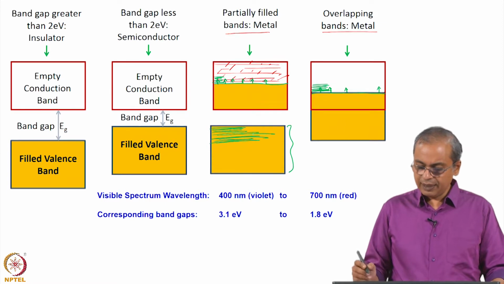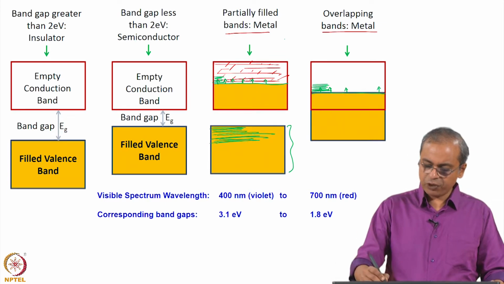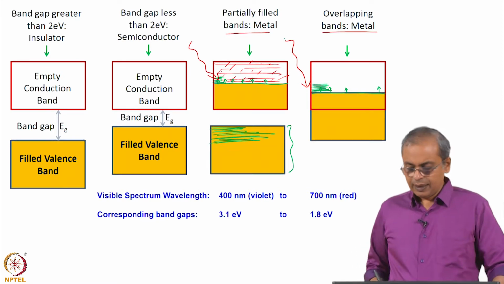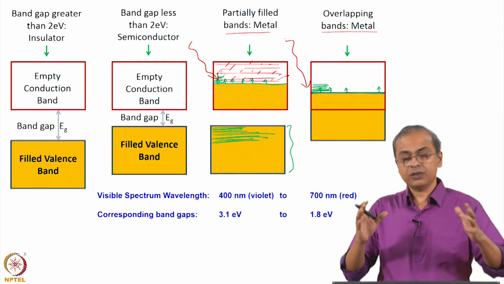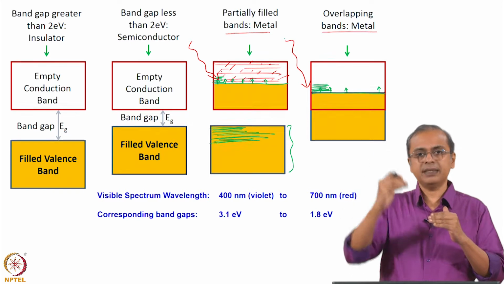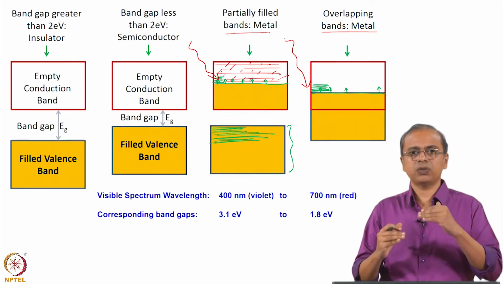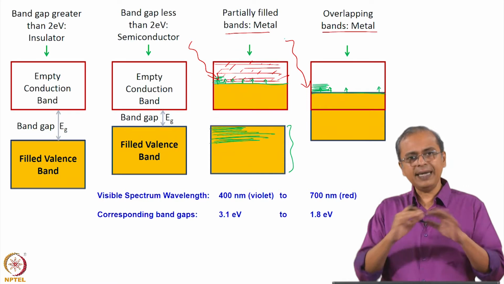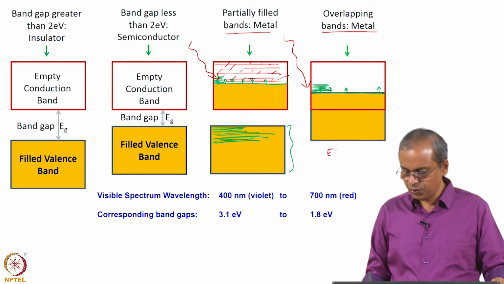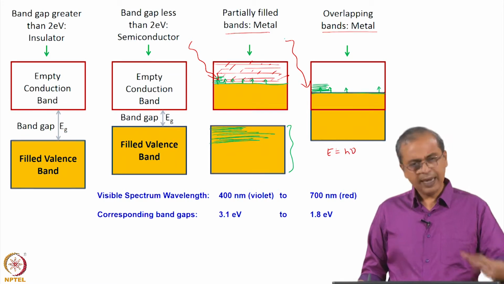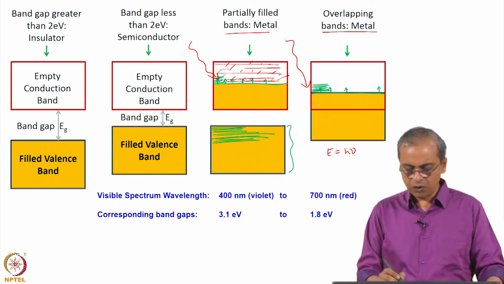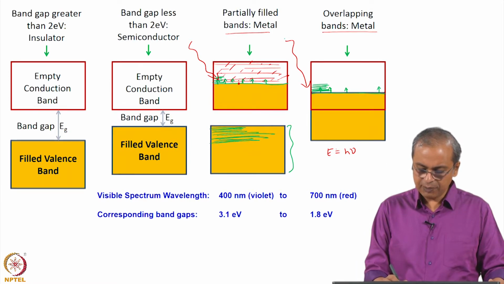Now, when you take a metallic system and any light falls on it, there is no band gap here, right. It is in a situation where available energy levels are continuously available above the highest occupied energy level. So, any photon coming with any energy, E equals h nu, any value of the frequency, the energy is sufficient to do a transition from this location to some location above it.